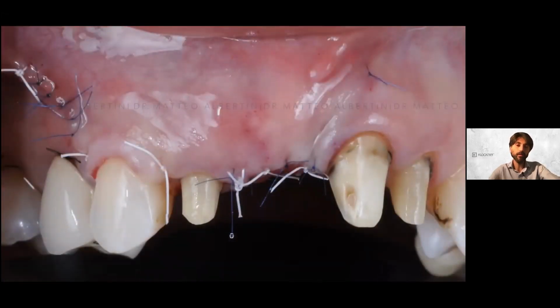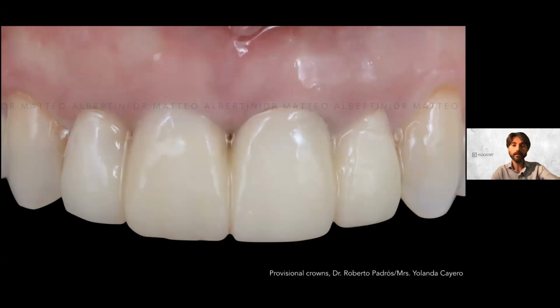We have to advance the flap coronally. You can see we have a releasing incision distal to the 1.3, and we have to wait a couple of months. Only after 6 or 9 months can we provisionalize the patient and start conditioning the soft tissues.